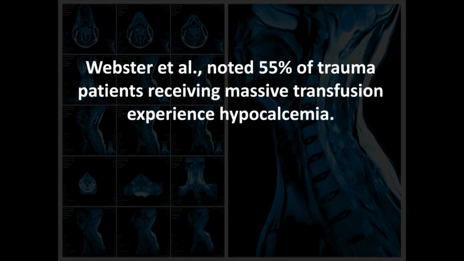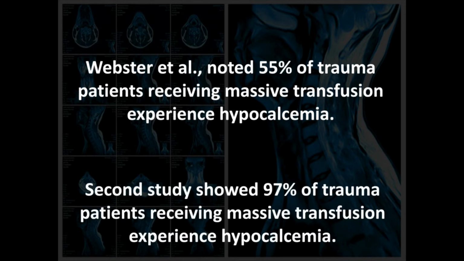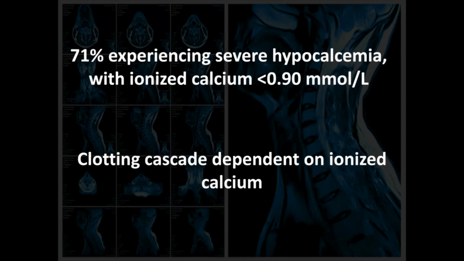One study, Webster et al., noted 55% of trauma patients receiving massive transfusion experienced hypocalcemia. That's huge. A second study showed 97% of trauma patients brought into a UK level 1 trauma center receiving massive transfusion experienced hypocalcemia. So those are huge, huge numbers. Remember, these studies are all observational, though.